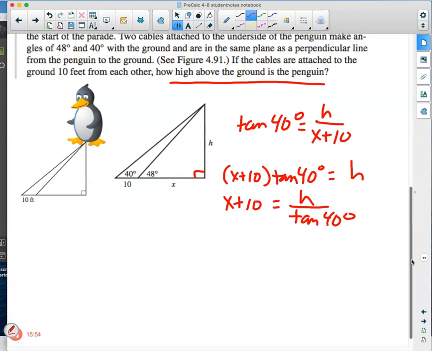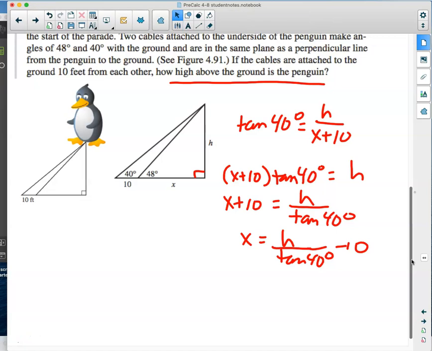Because remember, my goal is to try to eliminate that x that's in here and just have h's in everything I'm working with so I can find the height. So that sets the stage. Now let's see what we get from that smaller triangle on the inside. Color code that.